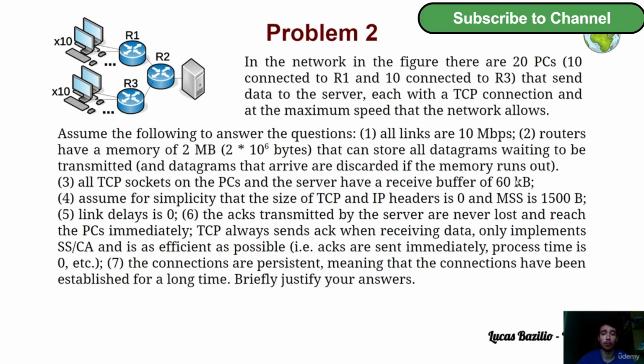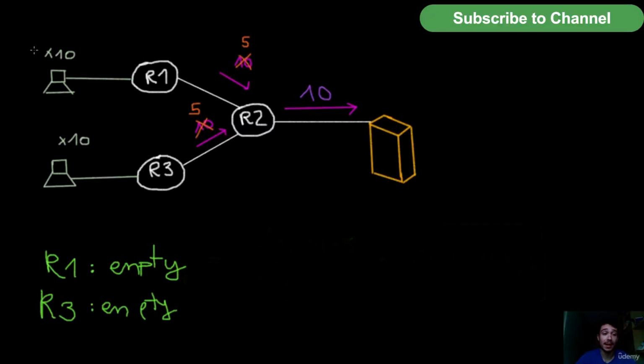Therefore, we only need to multiply the 20 TCP connections that we have by 60 kilobytes, the size of the receive buffer. So router 2 is going to have a buffer occupation of 20 TCP connections multiplied by the 60 kilobytes receive buffer.